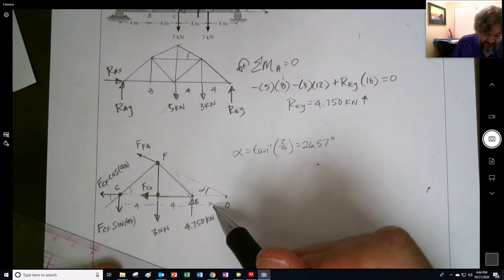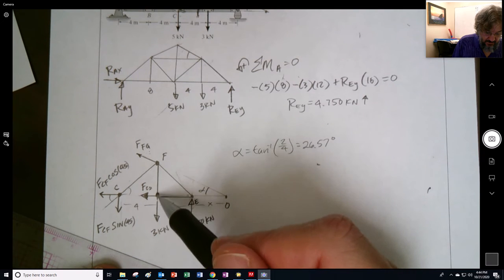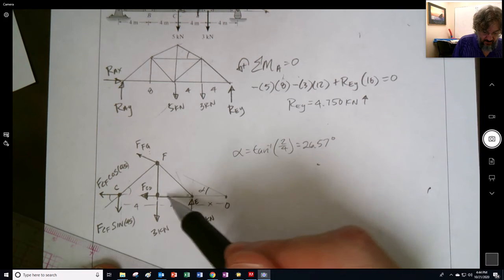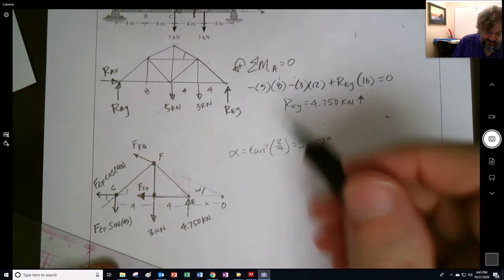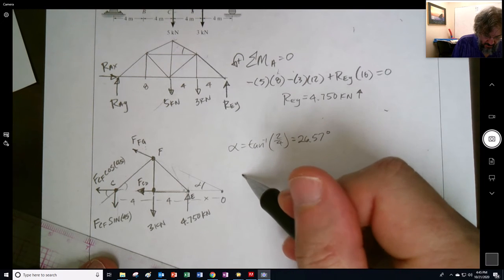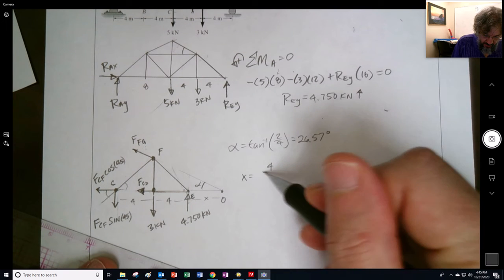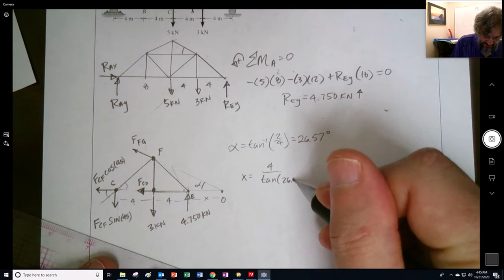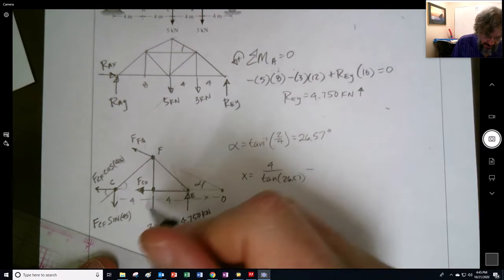So if I want to find this x right here, I could find this total distance and subtract out 4, right? Now I know there must be an easier way to do this, but this is the way that I approach it when looking at it. So I'm going to say that x is going to be that rise 4 divided by the tangent of 26.57, and then subtract out 4, right?